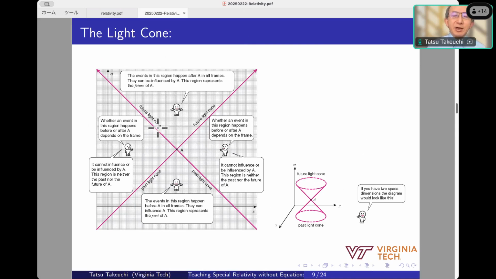This may not look like a cone, but if you have two spatial dimensions, the diagram looks like a cone, and the inside of the future cone is what you call your future, and inside your past cone is what you call your past, and outside of your cone are neither. And you cannot have any causal connection with any of the points outside of your light cone.